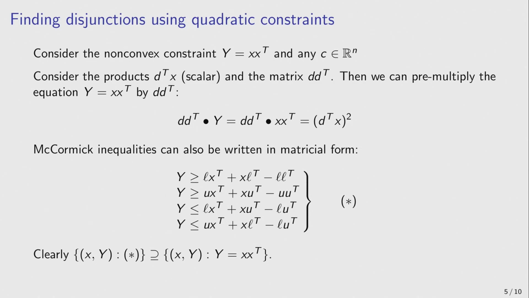But what's important here is that, first, if you just consider the McCormick inequalities, clearly by just looking at relaxations of the single product terms, you would get a set of X and capital Y satisfying only the McCormick inequalities. There's obviously going to be a relaxation of the original non-convex set with this nasty constraint.